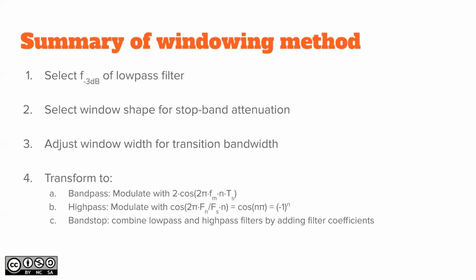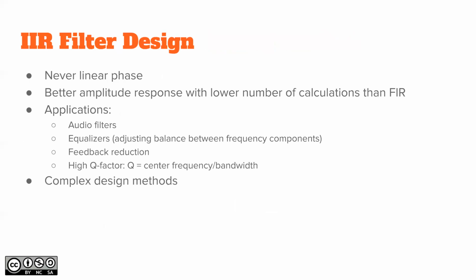You can use that one. Just make sure that when you answer the questions, you include the necessary information so that I can see that you have done the exercise, and not just guessed the answer. Okay, but anyways, now you have one method to design FIR filters, a working method.